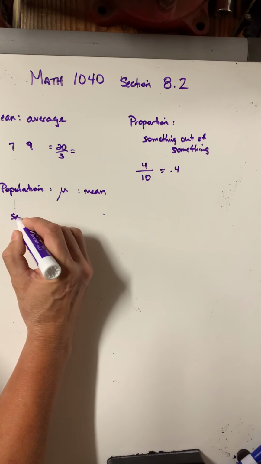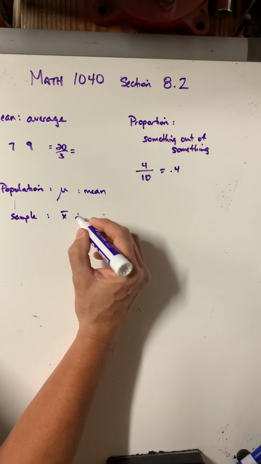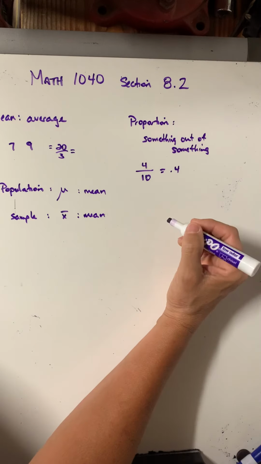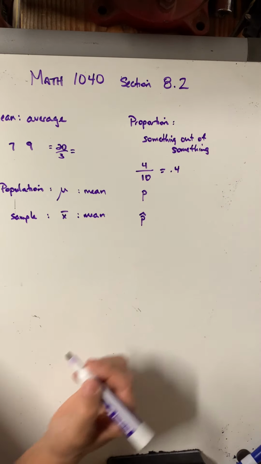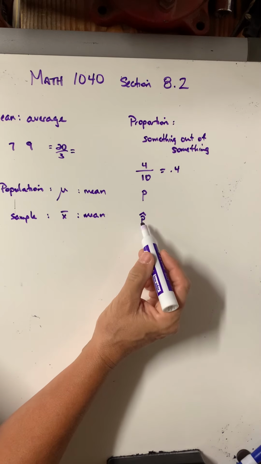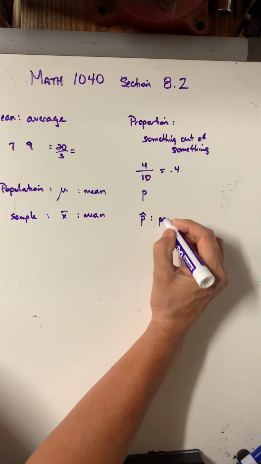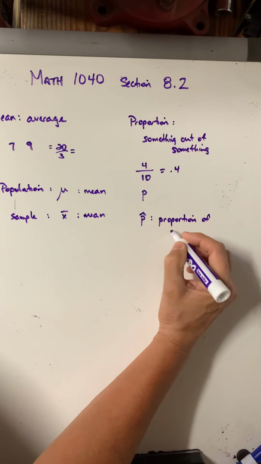If I had a sample out of that population, I would use X bar for mean. For proportion, I would use a P, and then for the sample, I would use a P hat. So I don't want you to get all freaked out about this symbol of P hat. P hat just means it's a proportion of a sample.